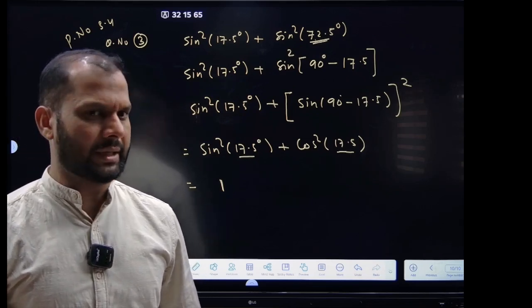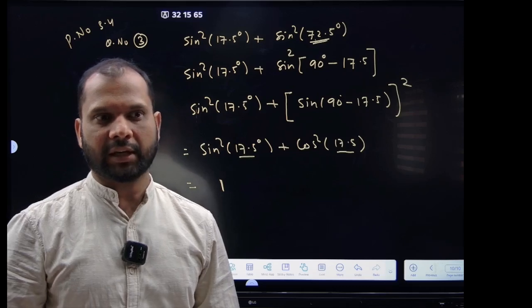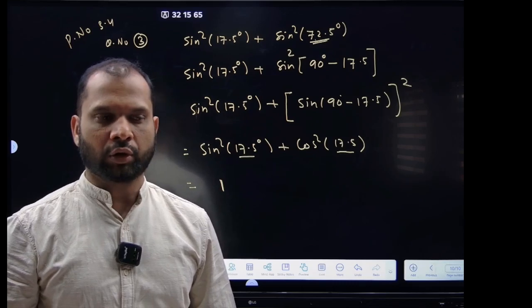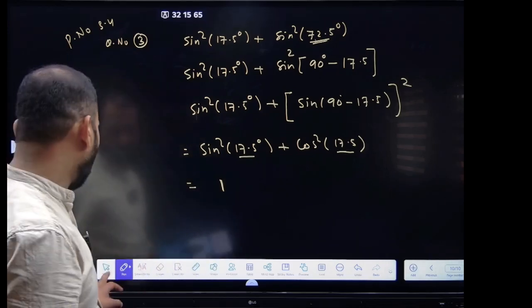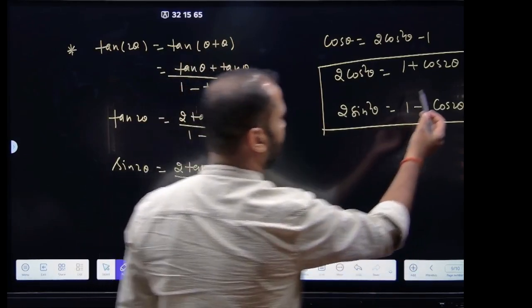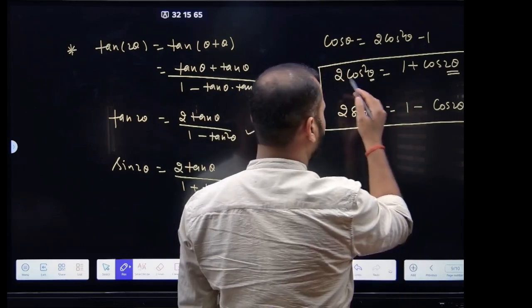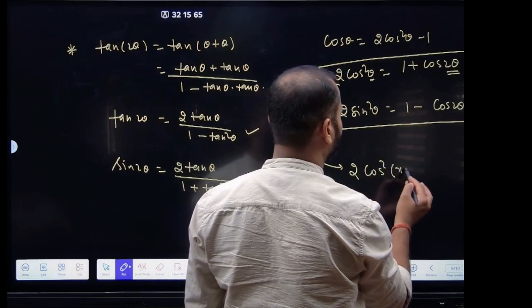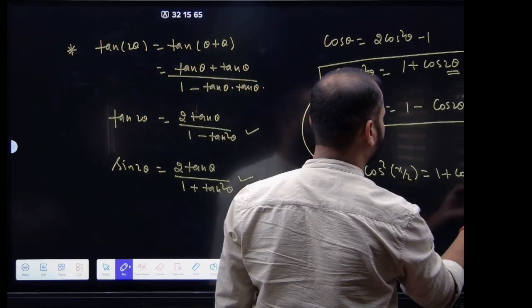Tan x is there. Can you convert it in terms of cos x? Yes. Now cos x can be written in terms of half of the angle, with the formula I taught you. If cos 2 theta is given and theta is wanted, this can be written as 2 cos square x by 2 is equal to 1 plus cos x.